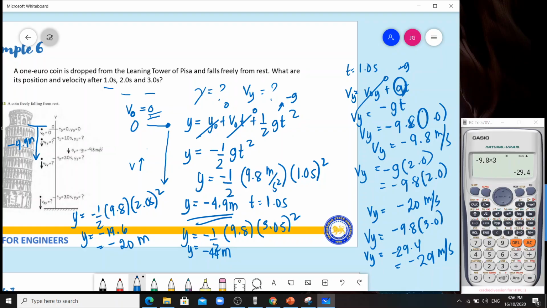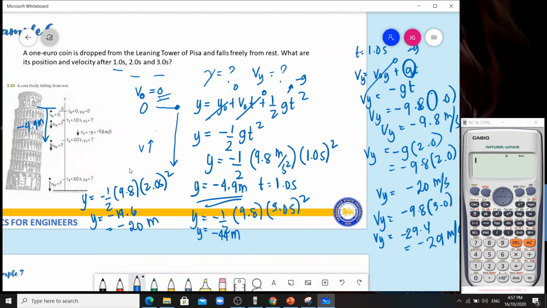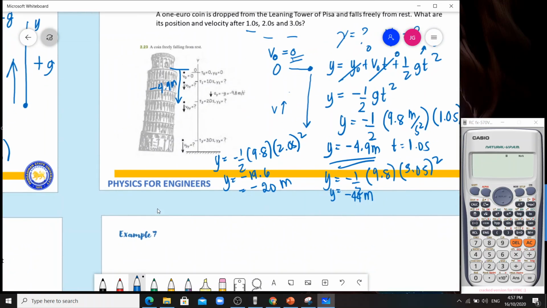Okay. Double check lang natin. Okay. So, ayan, meron na tayong sagot for example number 6.